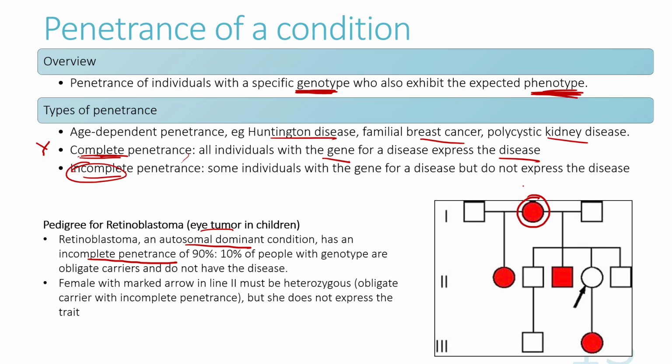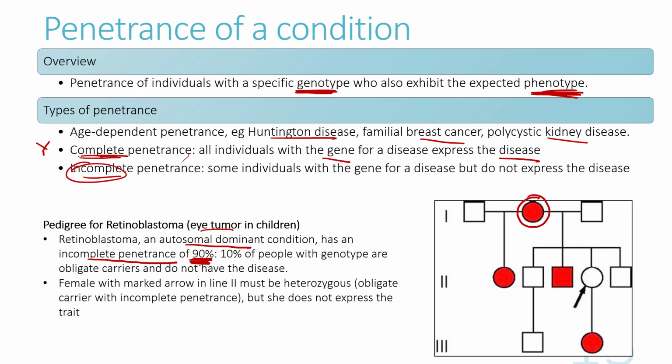People who have the gene and who have the condition. And so what you see here is that retinoblastoma has an incomplete penetrance of 90%, right? So only 90% of people with the gene for retinoblastoma actually develop retinoblastoma.